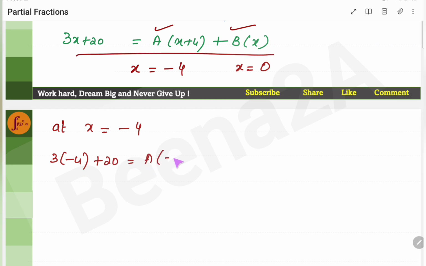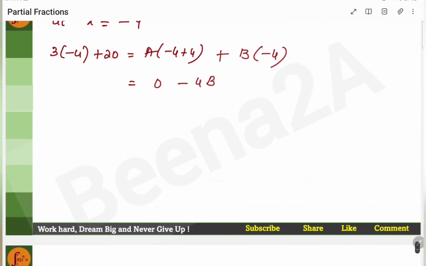So a into minus 4 plus 4, one of the terms has to become 0, plus b into minus 4. This will become 0 minus 4b. This will be 20 minus 12, which is 8. Therefore minus 4b is 8 and b is equal to 8 by 4, which is minus 2. So b is equal to minus 2.